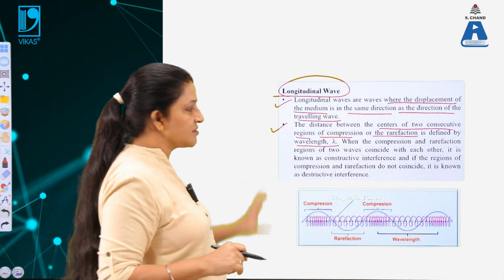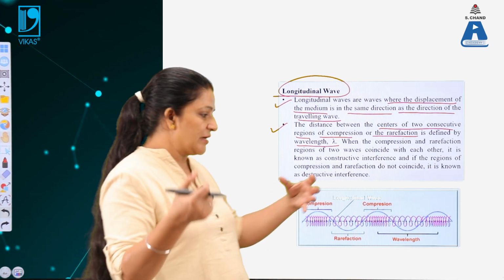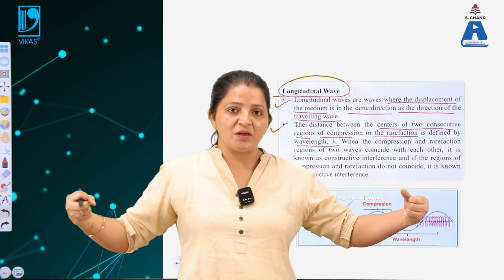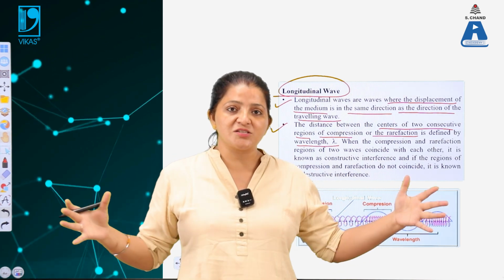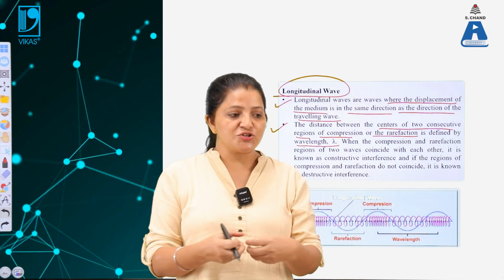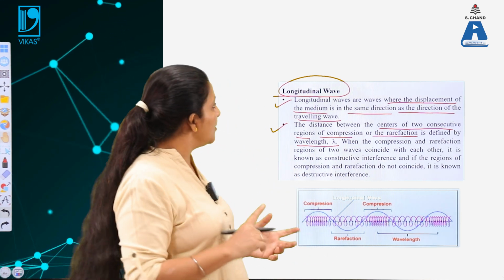Now, firstly, we will understand how these kinds of waves are produced. Take a spring, fix the spring, stretch the spring and then leave it. We know that the spring will start vibrating. The kinds of waves which are produced in the spring are known as longitudinal waves.